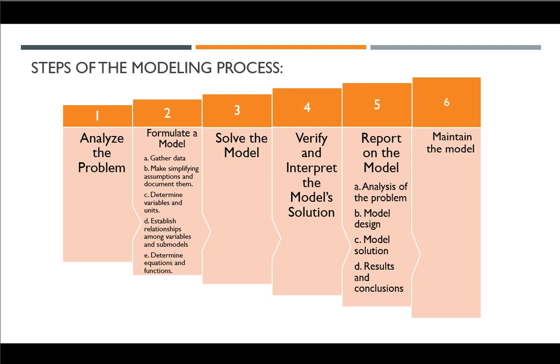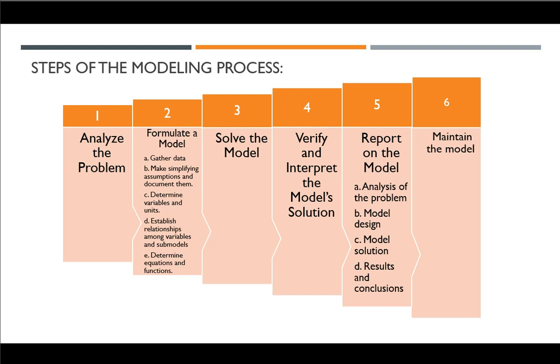So at this stage we determine the problem's objective, and decide on the problem classification such as deterministic or stochastic. So after we analyze the problem and determine the objective, after that we can decide what kind of model it is. Is it stochastic, is it deterministic, and so on.